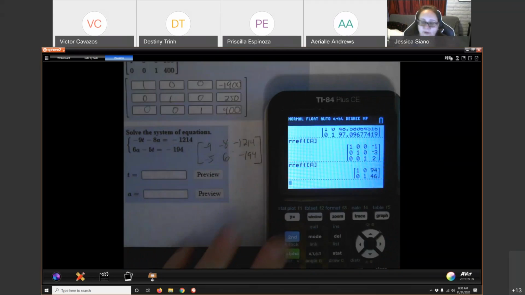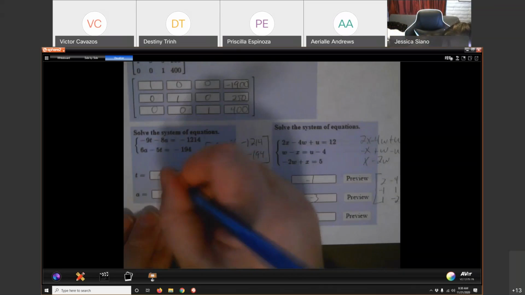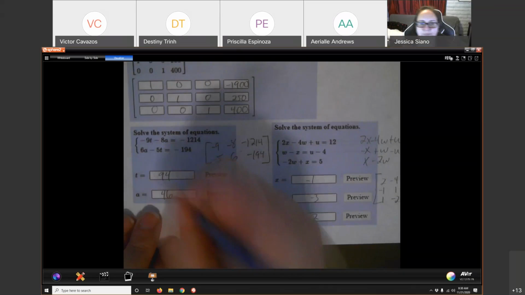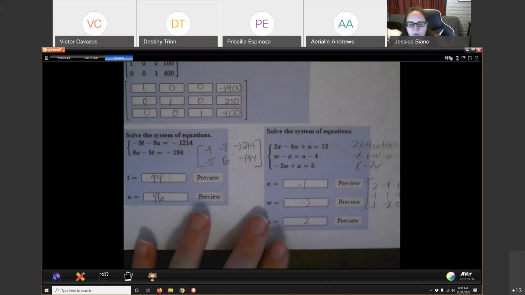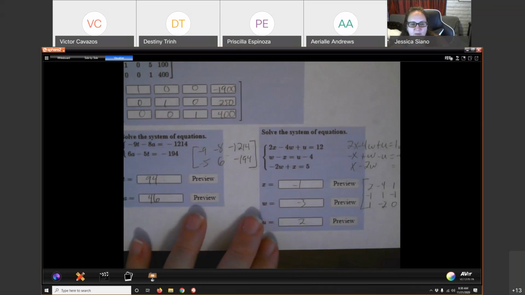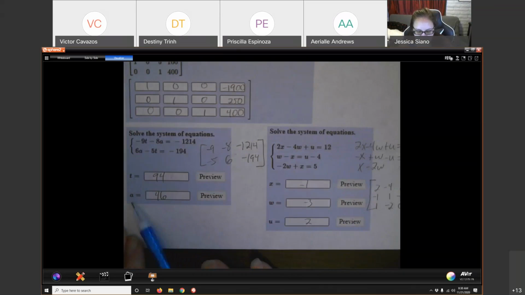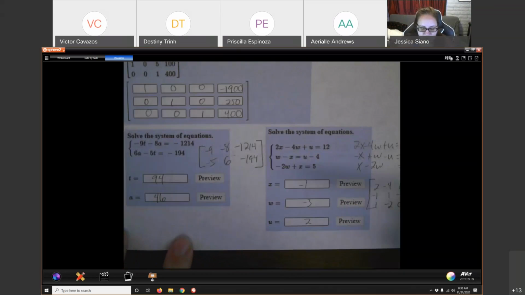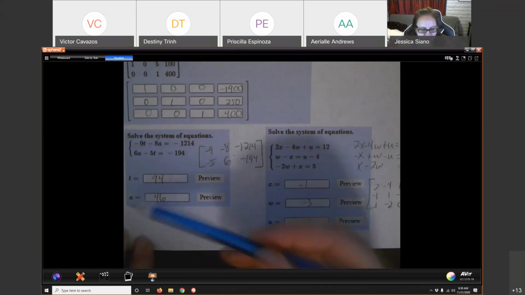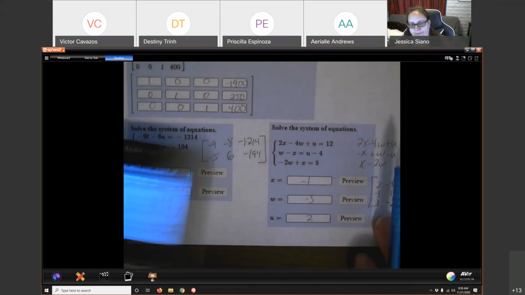Yeah, that's better. 94 and 46. So again, consistency is key. We want to make sure that we have the same variables in the same spots. And honestly, if they give me like TA like this, or WU or XWU, I always am going to put them in whatever order I see here, so that I know that my last column is in that same order.